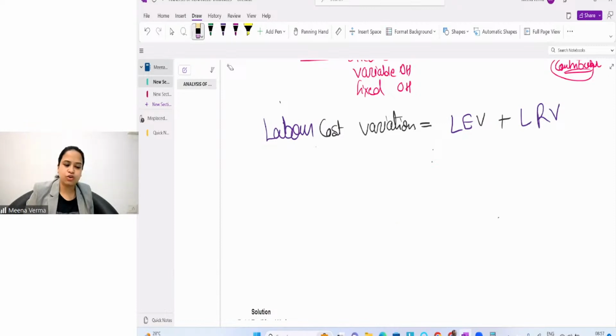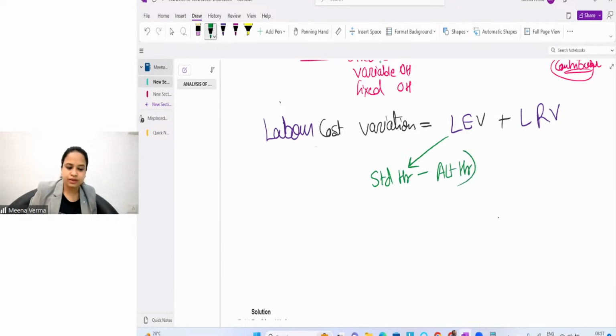You know the formula of labor efficiency variation. What is the traditional formula of labor efficiency variation? You know the formula, right? What was the formula? Standard hour minus actual hour into standard rate. This was the formula. Similarly, for rate variation, we know the formula.